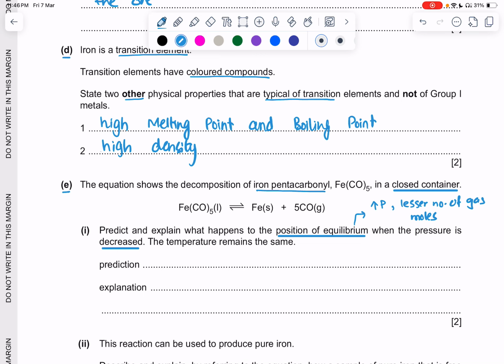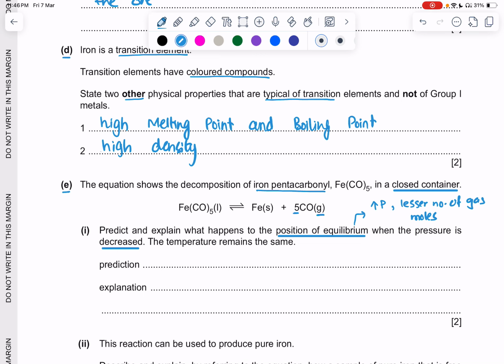In the given equation, there is only one gas, on the product side, and it is 5 moles. On the reactant side we have the liquid state, so no gas, zero gas. So if we are decreasing the pressure, it will shift towards the side that has more moles, as increasing pressure shifts towards fewer moles.